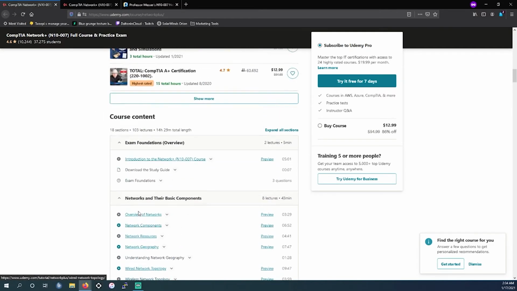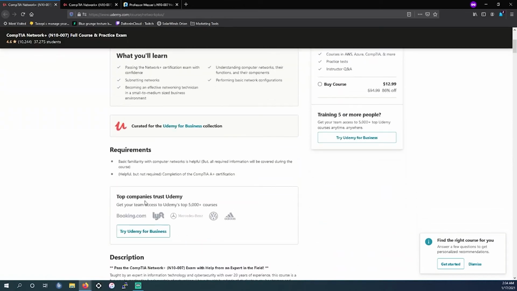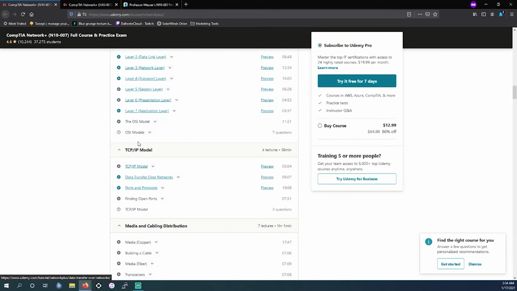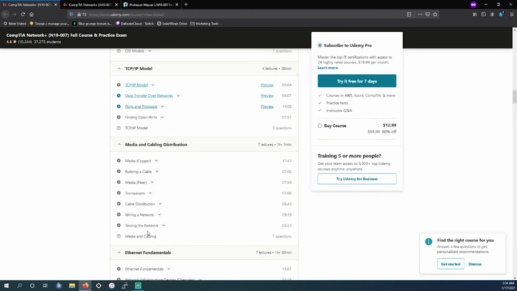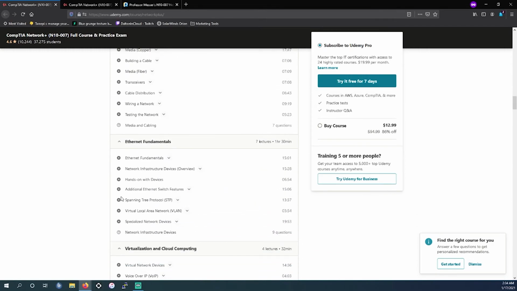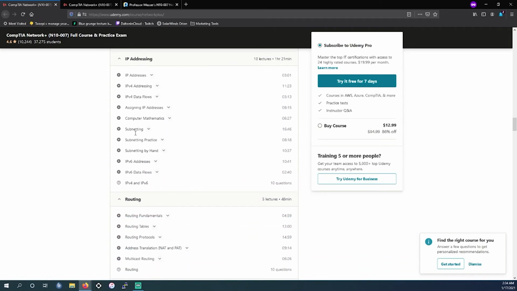So when you're going through studying this, those are the sections you really want to harp on, is the different models for what kind of data is flowing and on what layer they are going through, and then also the subnetting.